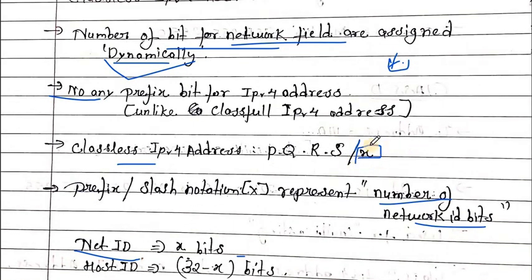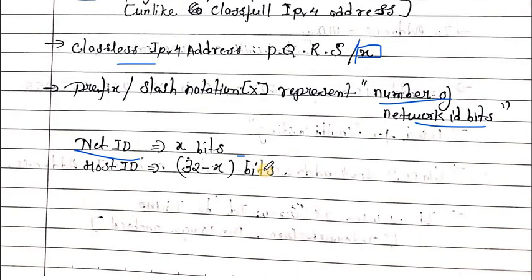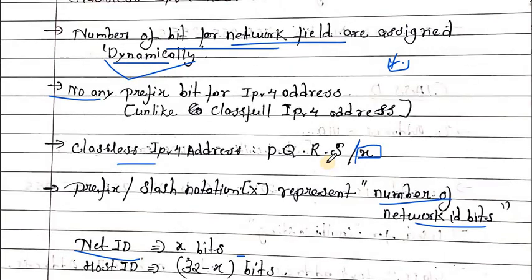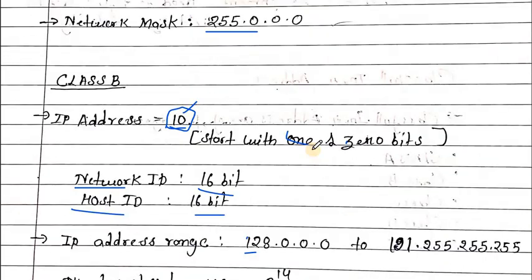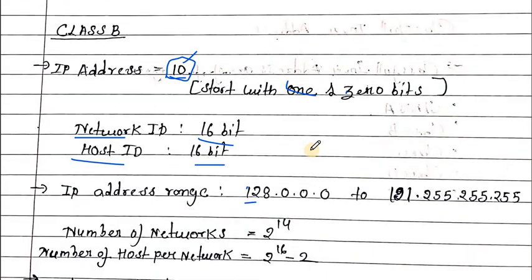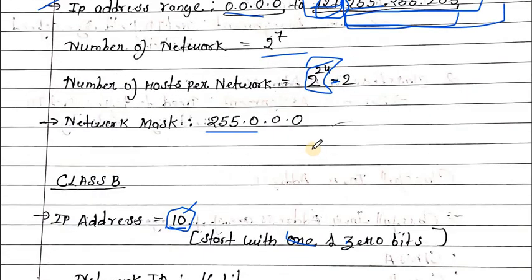Here X is the number of bits used for the network ID field. The prefix / notation represents the number of network ID bits. This means the network ID is X bits and the host ID is 32 minus X bits. Okay. So here we covered classful IPv4 addressing and classless. Later we will see many more topics in IPv4 addressing.